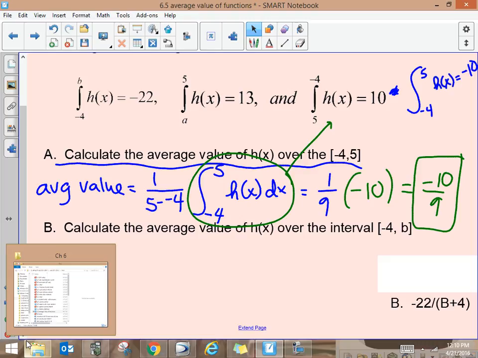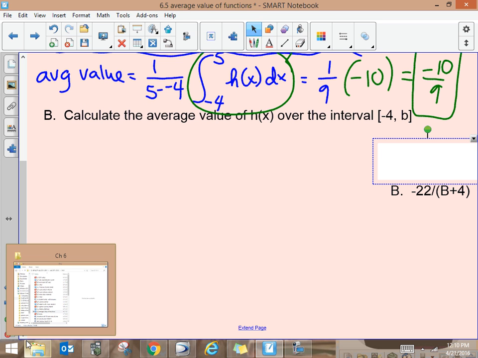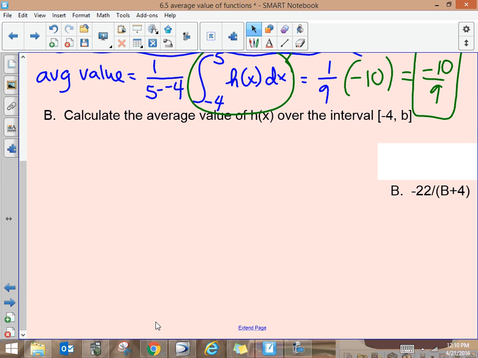That's negative 22, or you have this, negative B minus 4. It's weird, but it's very straightforward when you actually just know the formula.